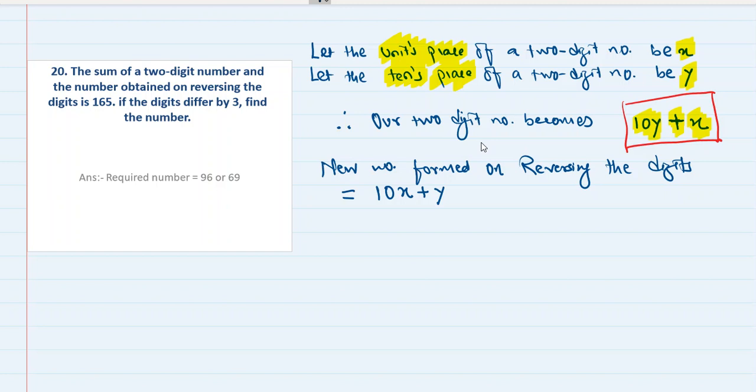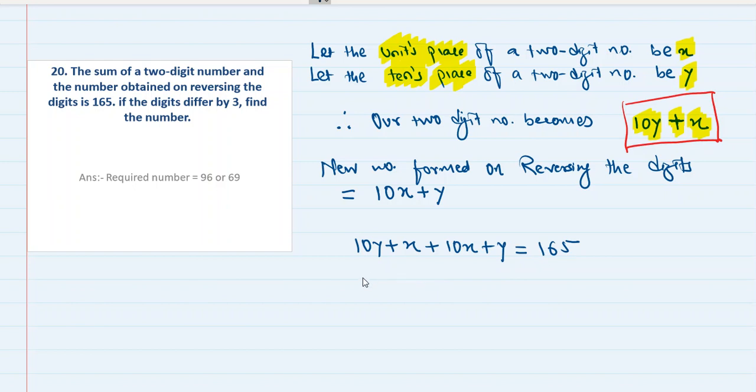Right? So we have our statements ready with us. How to proceed? See, the sum of the two-digit number, that is 10y plus x, and the number obtained on reversing the digits, that is 10x plus y, is 165.